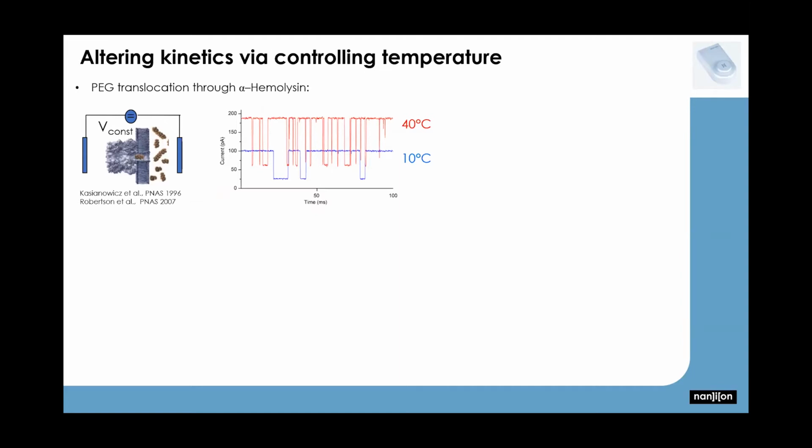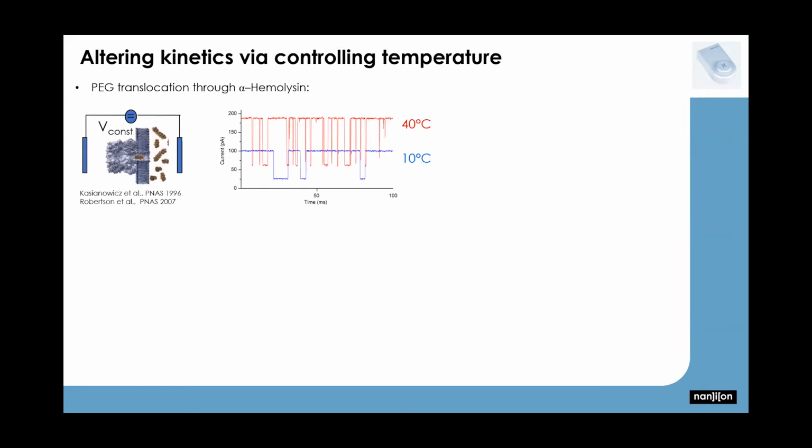So this is a proof of concept experiment we frequently use. It's translocation through the alpha hemolysin pore. And I really like this as a proof of concept experiment because alpha hemolysin is commercially available. Anyone can buy it. It's not even that expensive. So you could try for yourself, and you can send molecules through and then see transient blockages in the current signal.